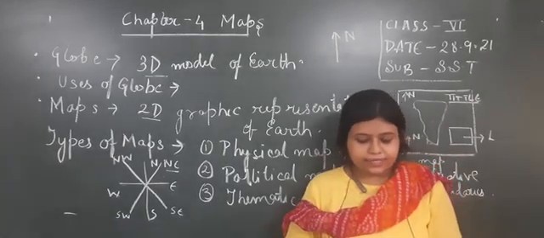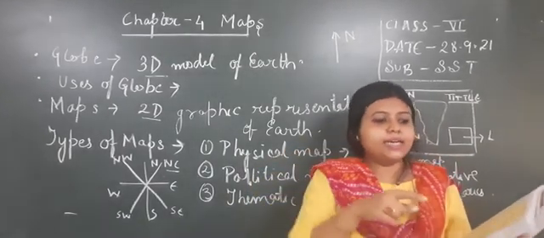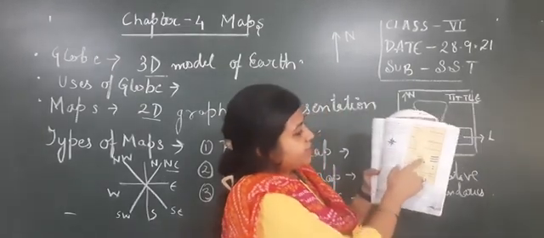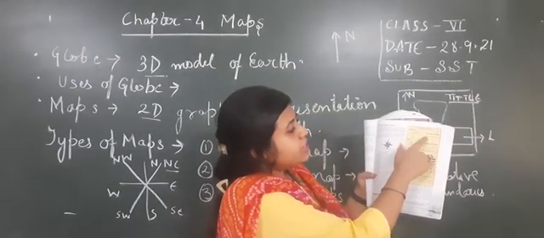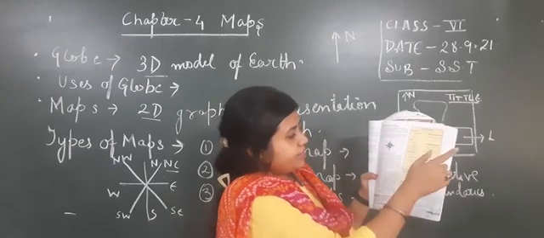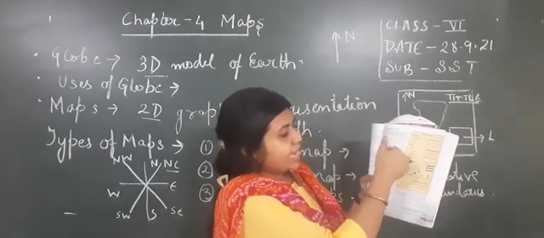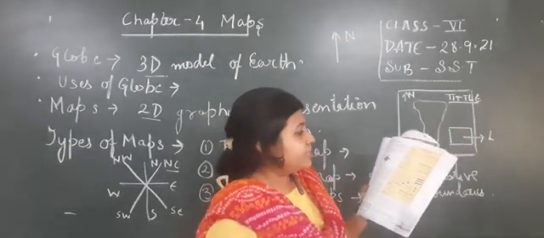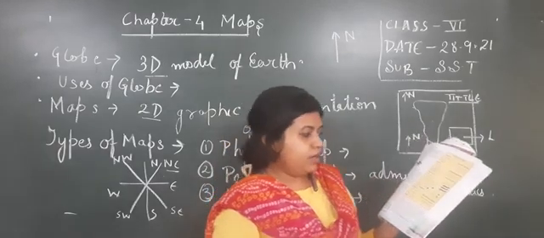Next, some of the conventional signs mentioned: international boundaries, state boundaries, district boundaries, types of roads like metalled, unmetalled, footpath, cart track.